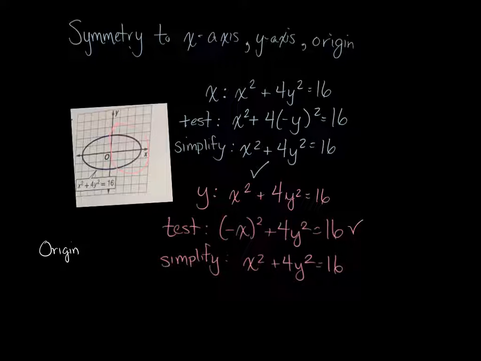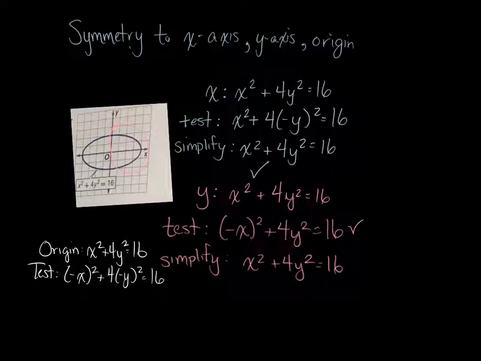So our original equation, x squared plus 4y squared equals 16. Our test, we are going to do negative x squared plus 4 times negative y squared equals 16.